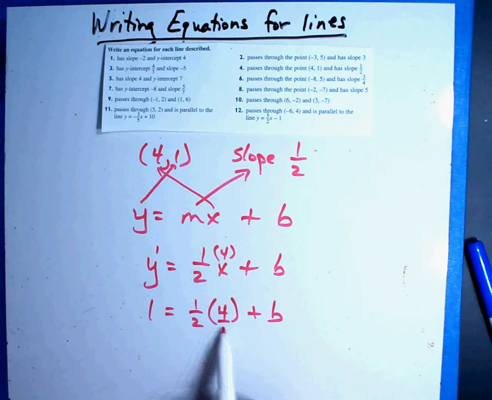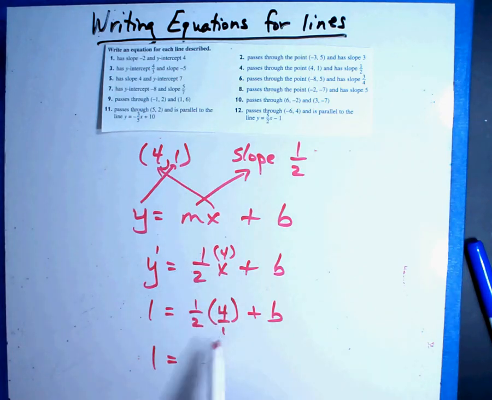Now remember, you can put this over 1, so it's fraction times fraction, multiply across the top, multiply across the bottom. So I have 1 equals 4 over 2. 4 divided by 2 is 2 plus b. Almost got it. Got to move this over here.